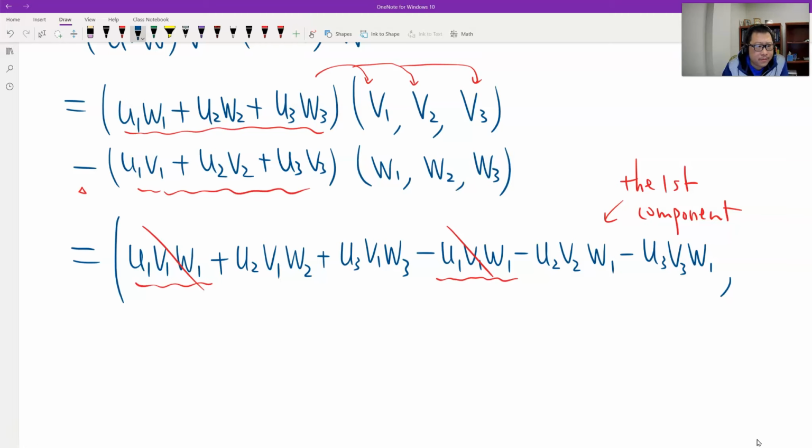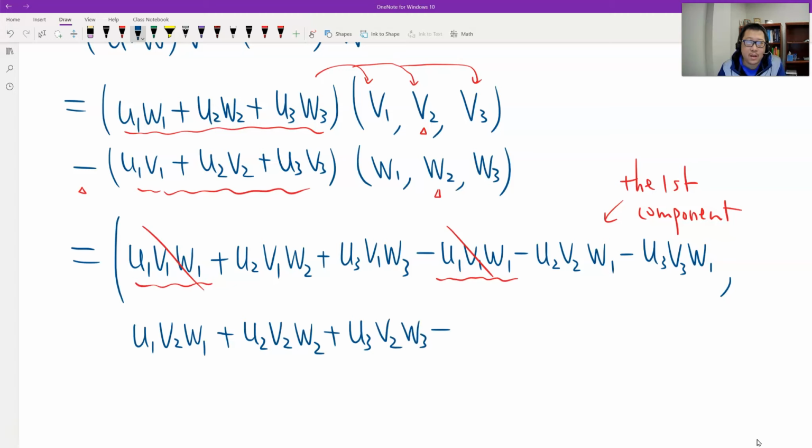The second component, we use this V2 and then minus W2. Okay, after the scalar multiplication, which is U1, V2, W1, plus U2, V2, W2, plus U3, V2, W3.